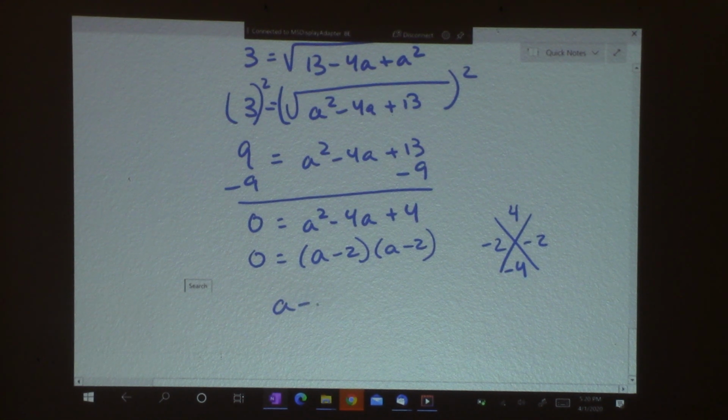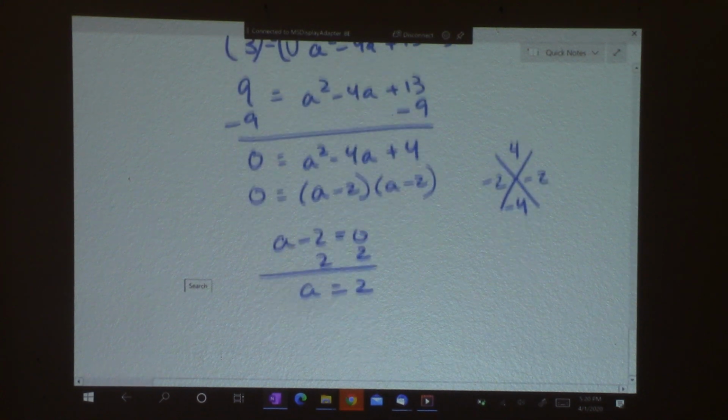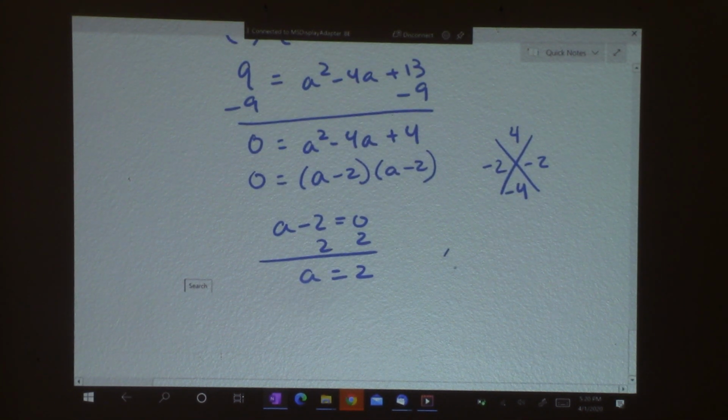I only need to set one equal to 0 because they're the same, and I get a equals 2. So the point is (1, 2), and a is 2. All right, we're going to keep going now.